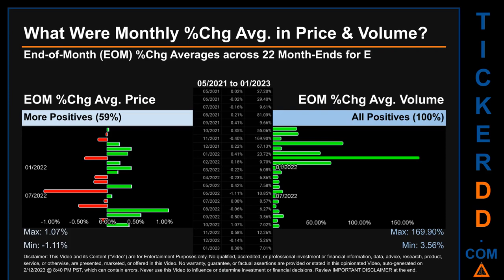That is 100% of month ends saw a positive percentage change in average volume. Price saw an end-of-month max of 1.07% in average percentage change along with a minimum of -1.11%. For volume, the maximum and the minimum monthly percentage change were respectively 169.90% and 3.56%.